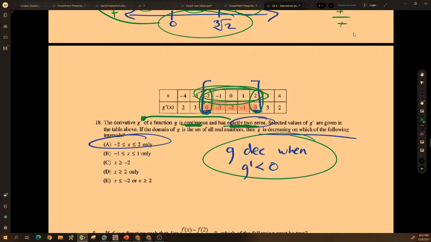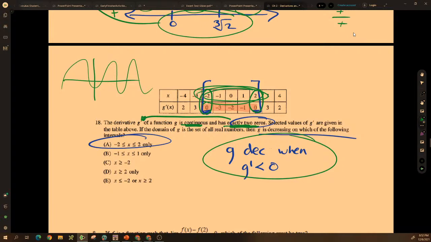Now, one note about this is they did need to tell us this exactly 2 zeros. If they didn't tell us that, we would have no way of being able to answer this question because we wouldn't know if the graph went positive, negative, a bunch of times in between.